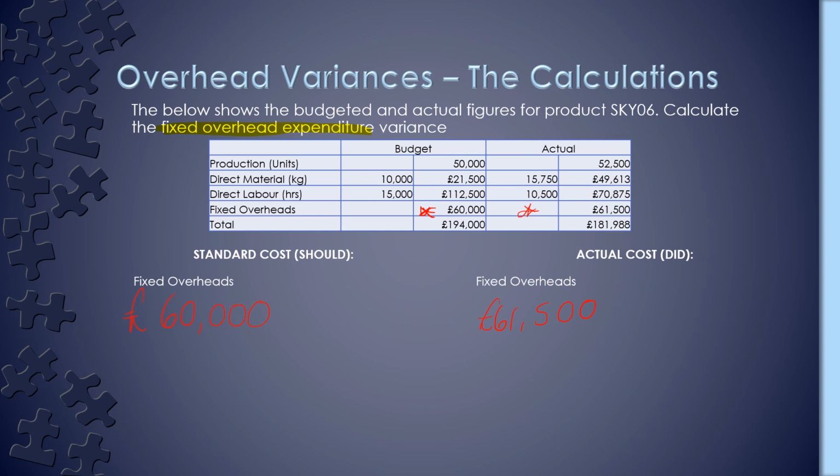So when we work out the difference between them, we get a £1,500 adverse variance because they were higher than what we were expecting. And that's all the expenditure variances. Previously you had to work out different types of overhead variances, but now we only have to focus on the overhead expenditure variance, and that is literally what you were expecting to pay and what you actually did pay.